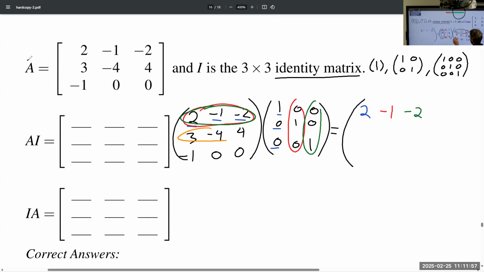Similar, second row, first column, I'm going to get whatever I had, and everything else will go to zeros. Second row, second column, 0, -4, 0. So that's done. Second row, third column, 0, 0, 4.